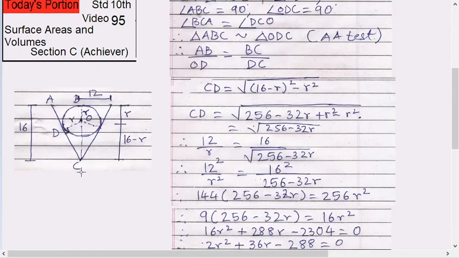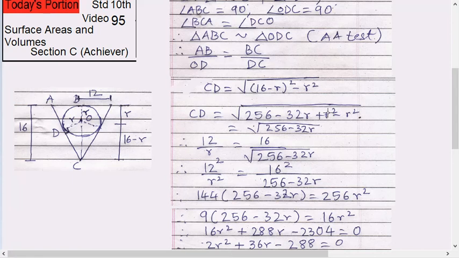Now you know CO is 16 minus R and OD is R. Therefore, CD will be the root of (16 minus R) the whole square minus R square, by Pythagoras. Solve this bracket: (A minus B) the whole square is A square minus 2AB plus B square. So 256 minus 32R plus R square minus R square.